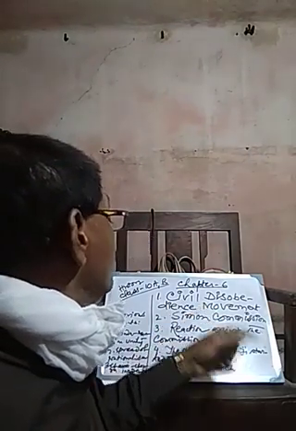Now, civil disobedience movement. What was the reason Gandhiji started the civil disobedience movement? Gandhiji started it in order to strengthen the unity of the Hindus and Muslims and the people of our country. Gandhiji's call was for the abolition of salt tax.